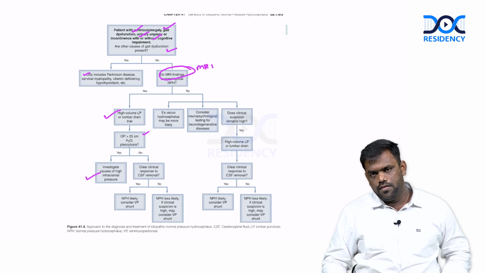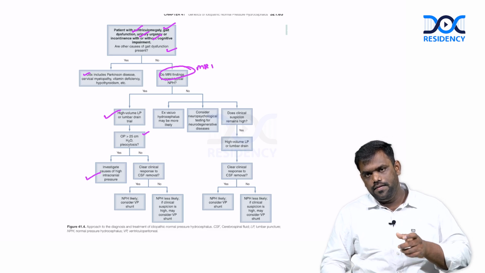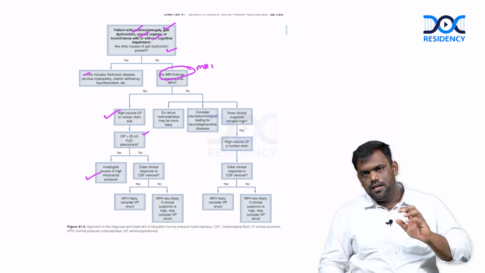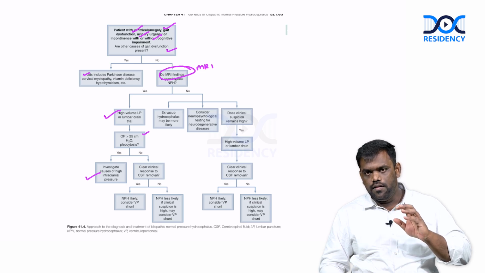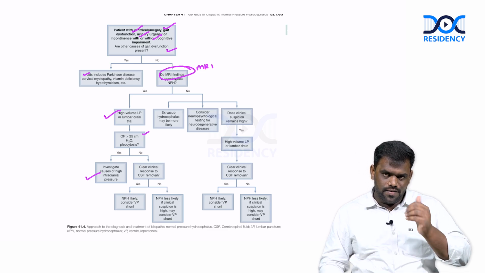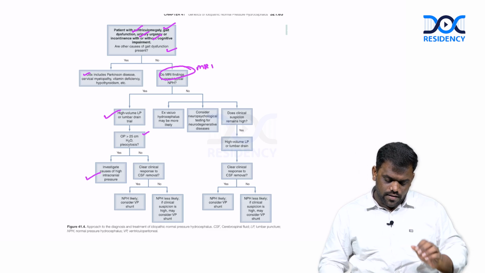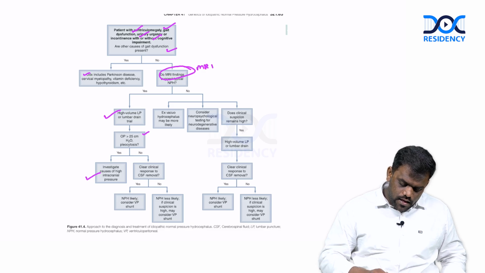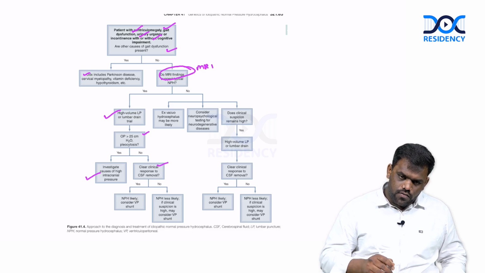Because if the opening pressure is very high, the patient has increased intracranial pressure. But we are discussing normal pressure hydrocephalus, in which the CSF pressure will be normal. If the opening pressure is not that much raised, you have to look for clinical response to CSF removal.